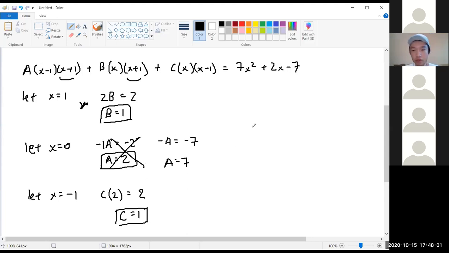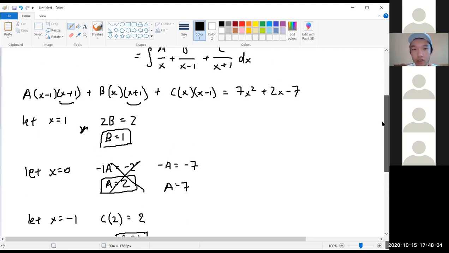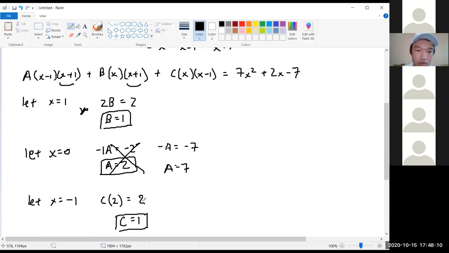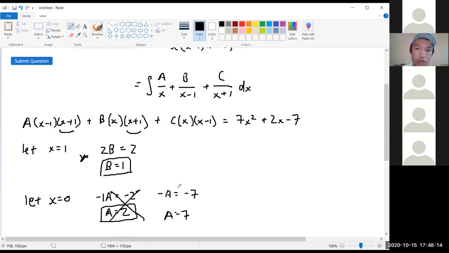And then once you have a, b, and c, you can go back to your integral, and then you fill in what a, b, and c are. So 7, 1, and 1.